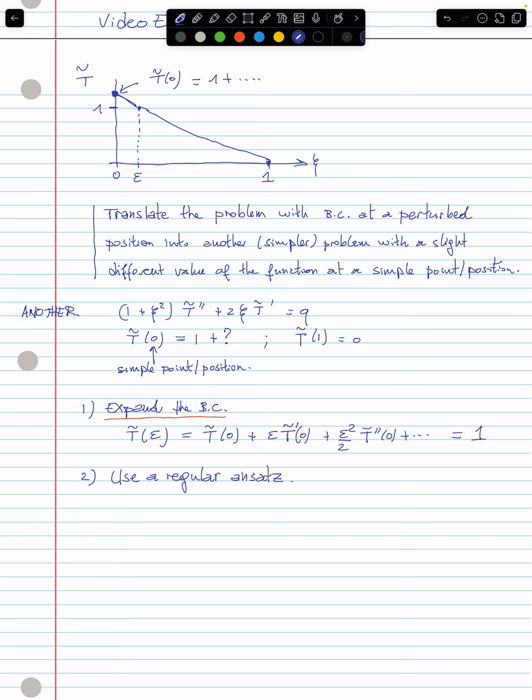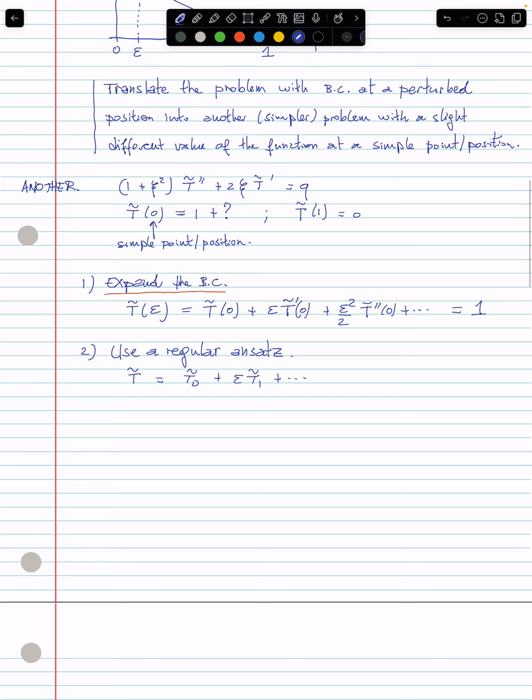Okay, so in this case, I'm just going to write t tilde is equal to t0 plus epsilon t1. And I will deliberately stop early enough, because the purpose here is just to illustrate the method and not to go all the way down too deep into the equations. So we need to substitute this into the governing equation.